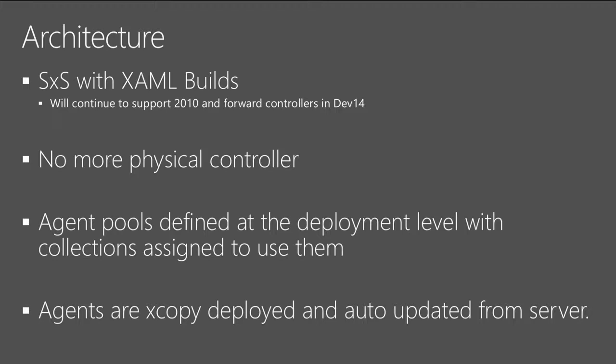It's just a simple configuration via script to install it. And once that agent's installed, it will auto-update itself as the server updates. So you install RTM, you get a hotfix or a patch or Update 1, there's a new agent. It will automatically deploy out to any machines where the agent is already running. It'll update itself. So that should help with the management of your build farm.